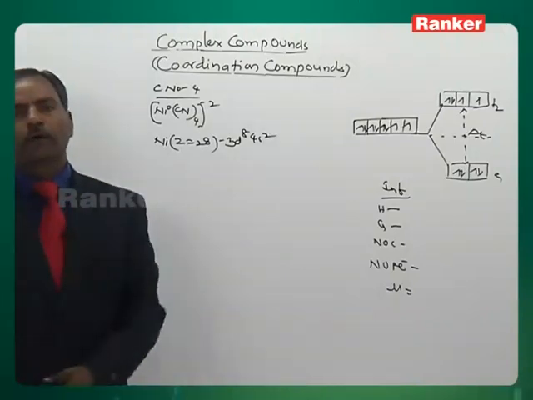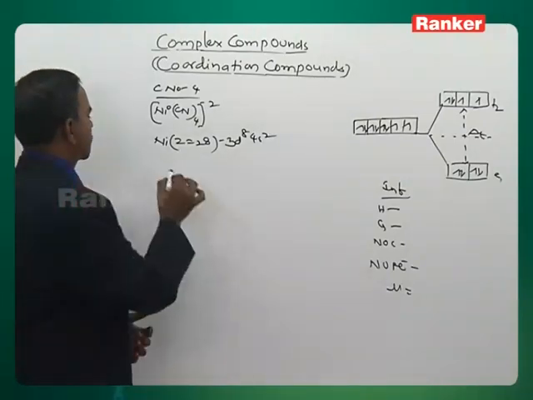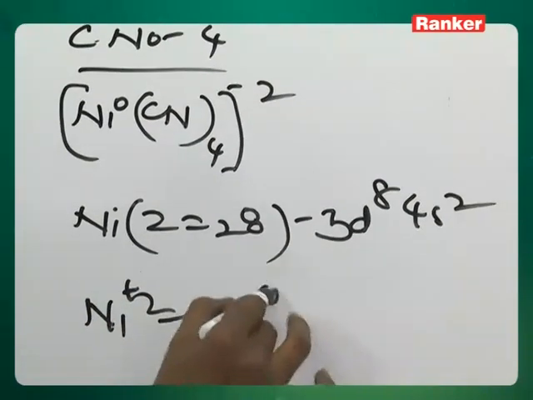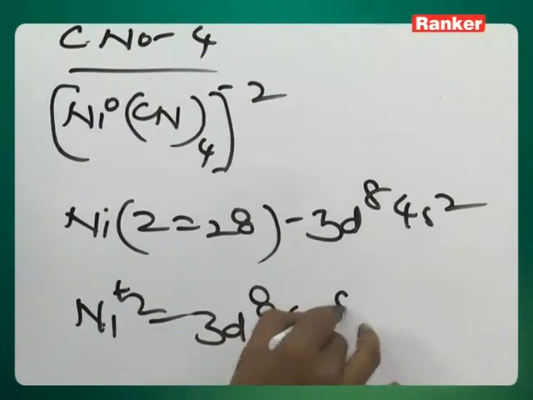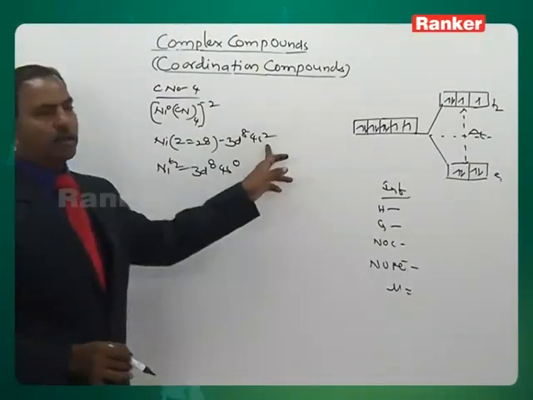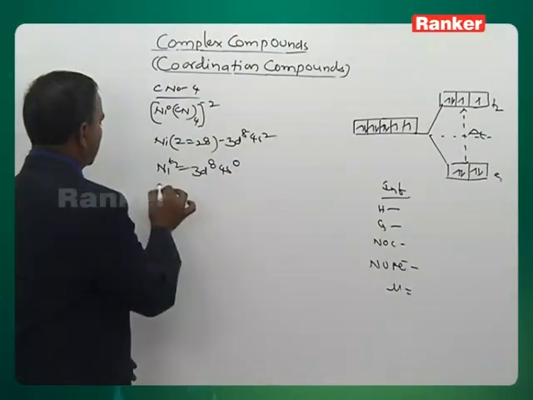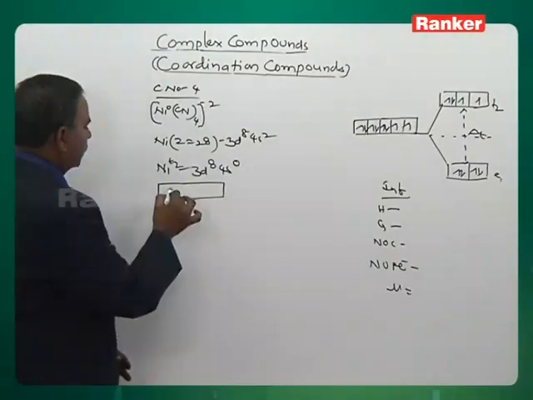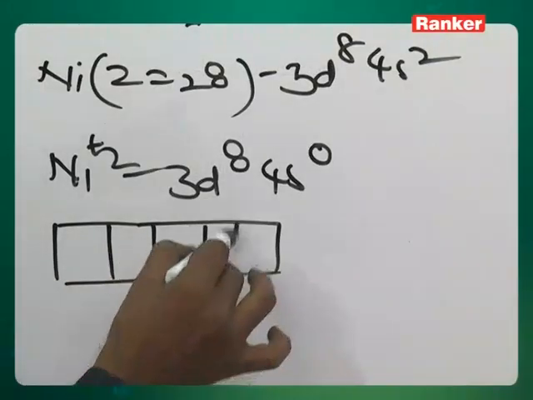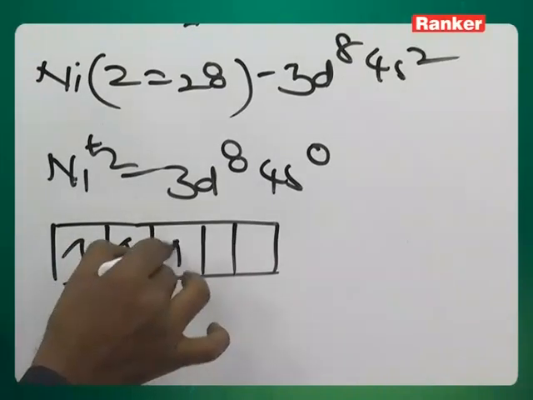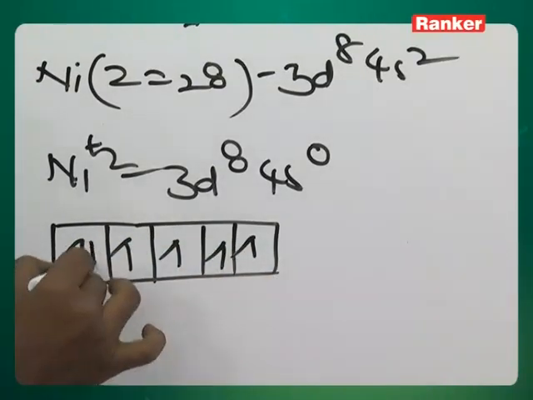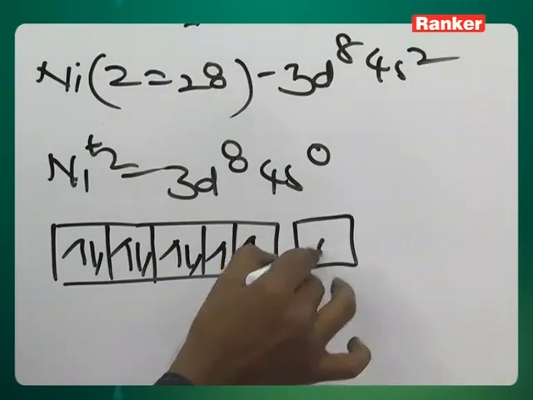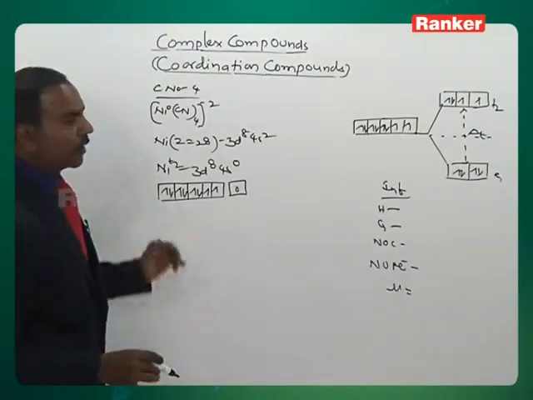Coming to the oxidation number, the oxidation number is plus 2. Nickel plus 2 is 3d8 4s0. Two electrons from s are lost. d8 is remaining. The free metal ion, the arrangement of electrons: 1, 2, 3, 4, 5, 6, 7, 8. This is the arrangement in the free metal ion.